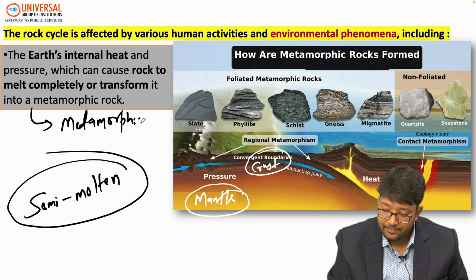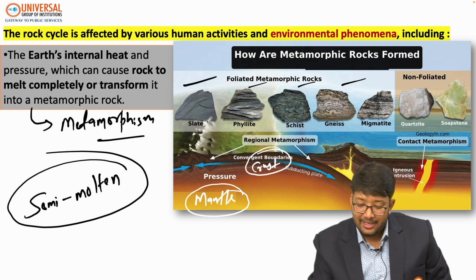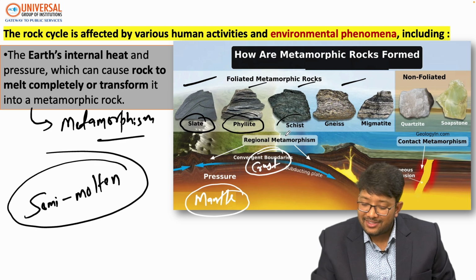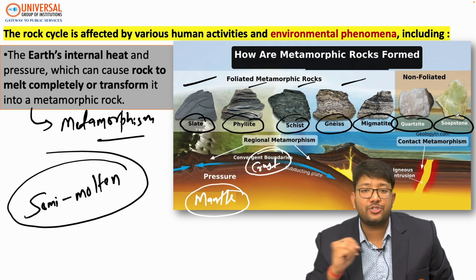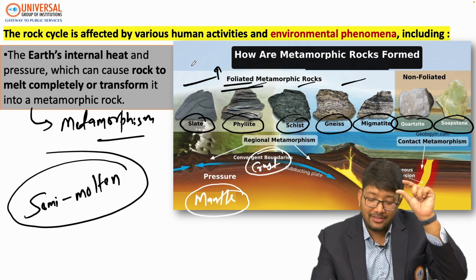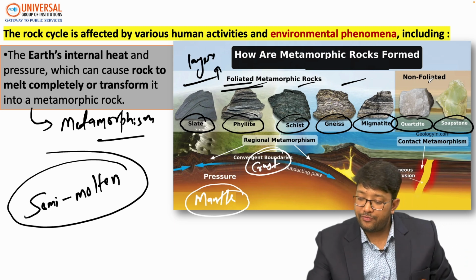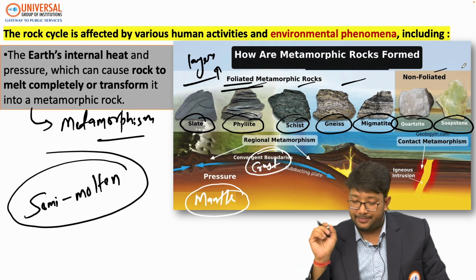And these are examples of metamorphic rocks: slate, phyllite, schist, gneiss, migmatite, quartzite and soapstone. Foliated means it will have layers, and non-foliated means it won't have layers basically.